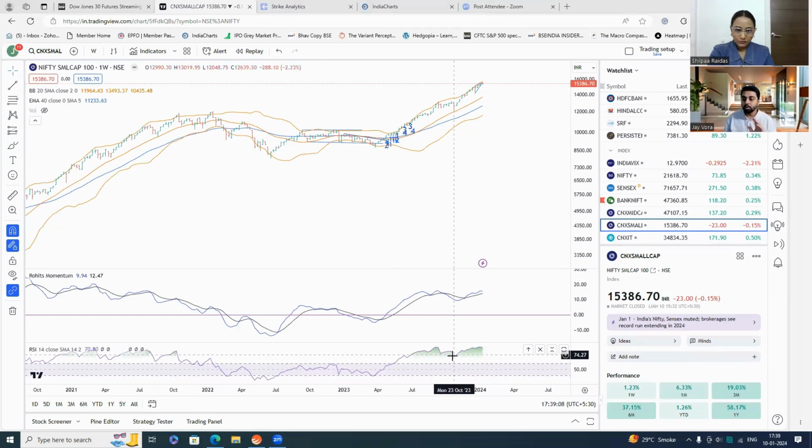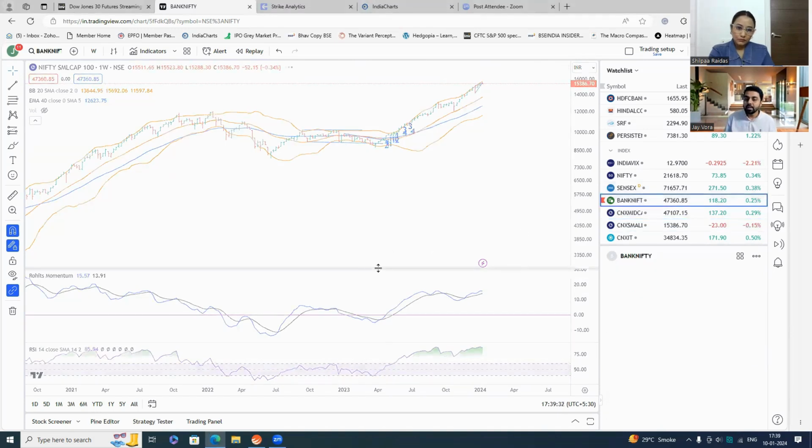For the Nifty index, it hasn't run as fast as the small and the mid caps have run. So more than Nifty, I'm worried about the small and the mid cap index, where the readings seem to be very high. And in a while, I'll show you how the momentum is also weakening there.